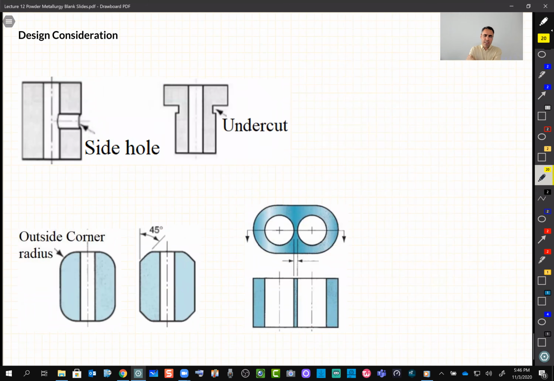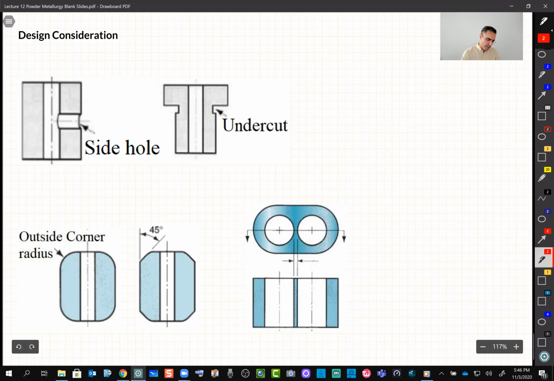And lastly, it is similar to other processes. When you design something, you have to think ahead of time about manufacturing it, and you need to consider a few things. With powder metallurgy, the things that you need to consider are that you need to avoid the side hole.